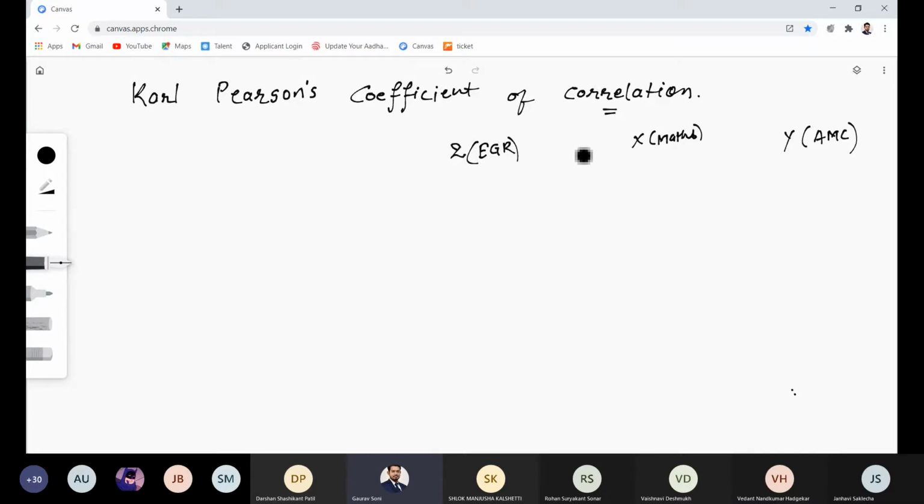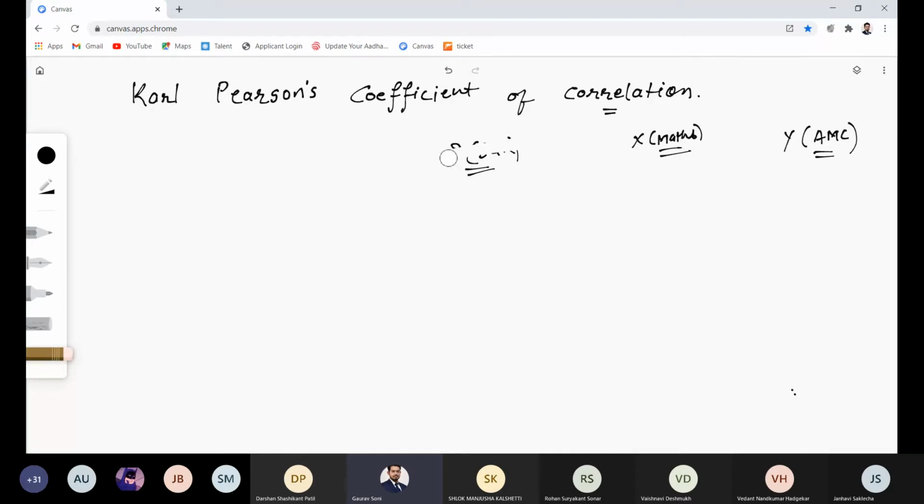I want to check if some student has good marks in maths, will he be having good marks in EGR and AMC? If he has good marks in AMC, will it mean that he has good marks in maths and EGR? This kind of relation we are going to derive using Karl Pearson's coefficient of correlation.